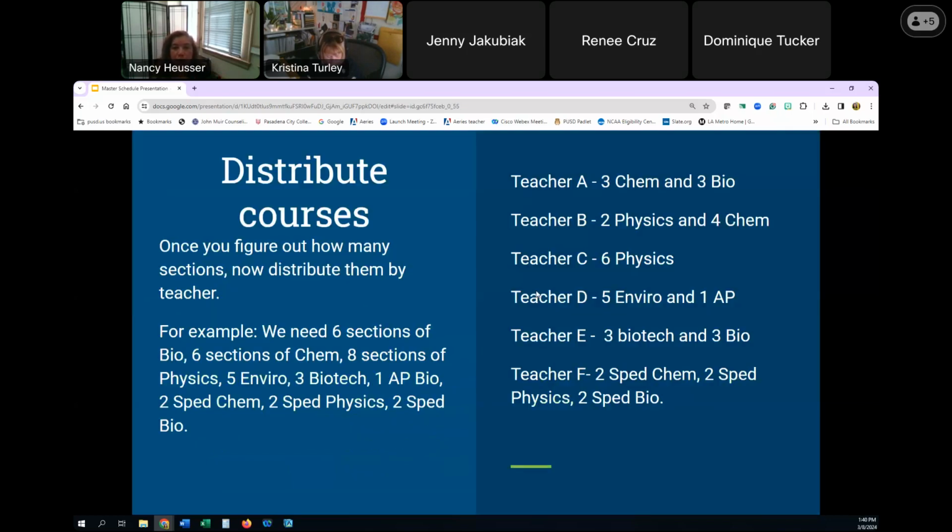Okay, you have to distribute the courses. Once you figure out how many sections and which teachers are qualified to teach which courses, you now have to distribute them by teacher. For example, if we need 6 sections of bio, 6 sections of chemistry, 8 sections of physics, 5 sections of environmental science, and so forth, as I have written here, you would have to figure out which teacher is teaching which courses.